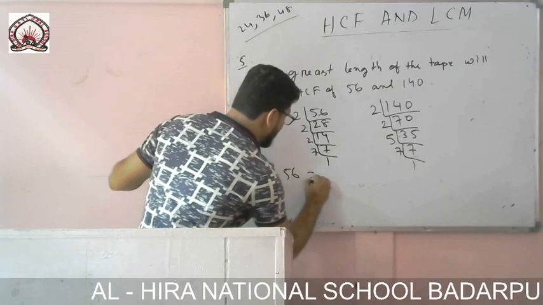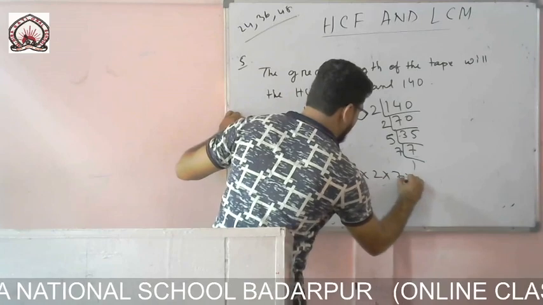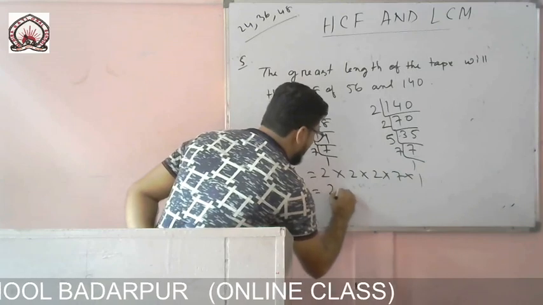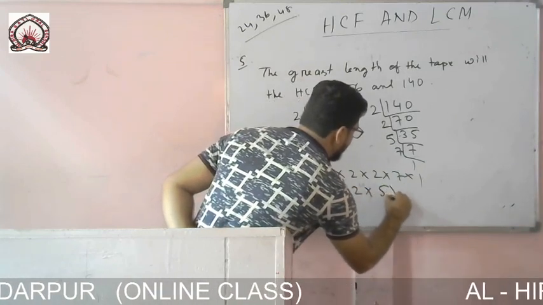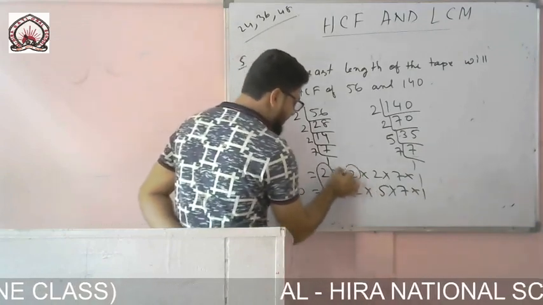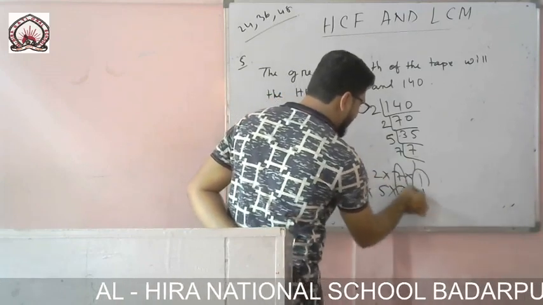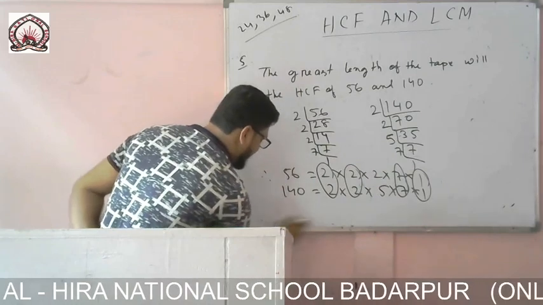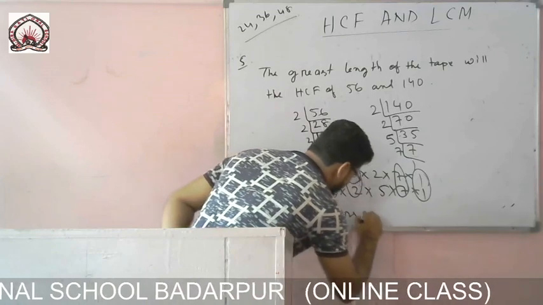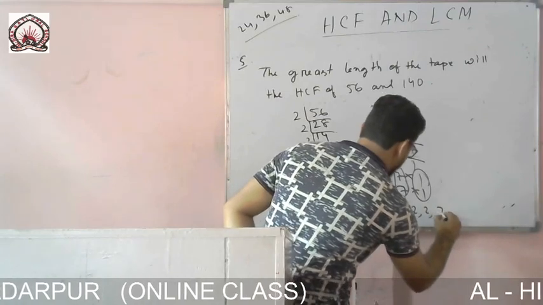Therefore 56 equals 2 into 2 into 2 into 7 into 1, and 140 equals 2 into 2 into 5 into 7 into 1. So group these two, this 7, this 1. Therefore the common factors are 1, 2, 2, 7.